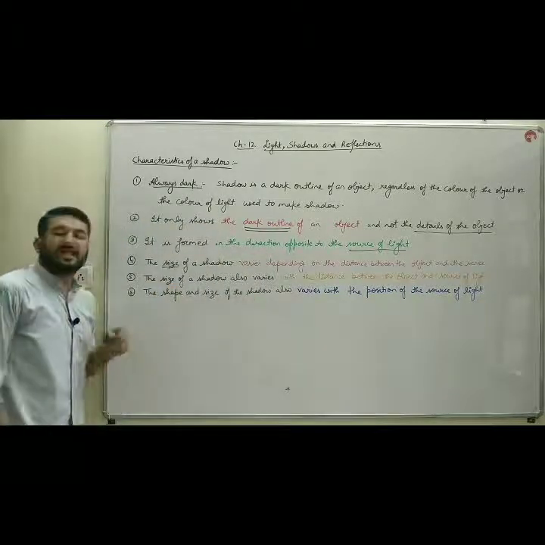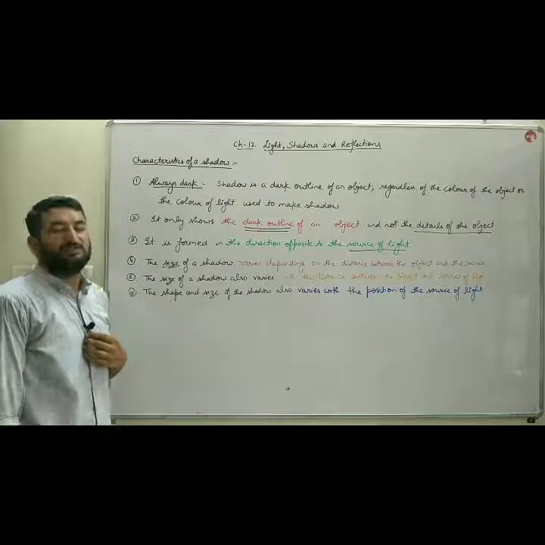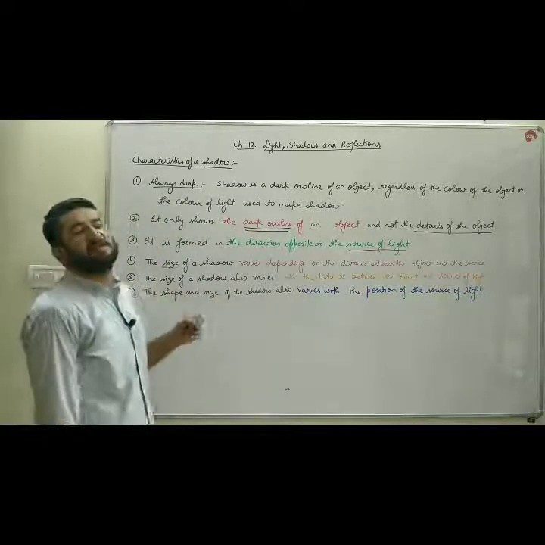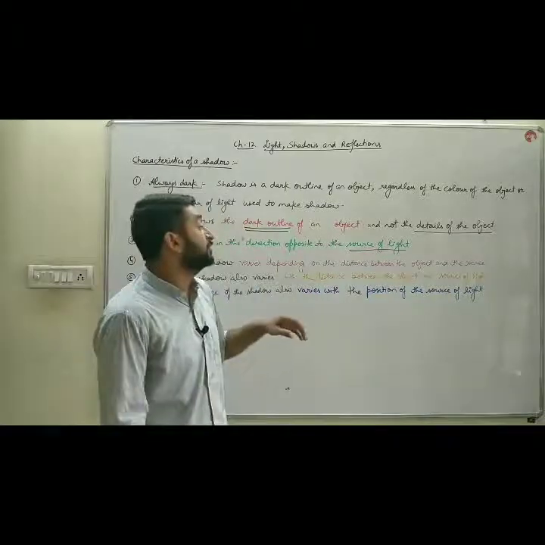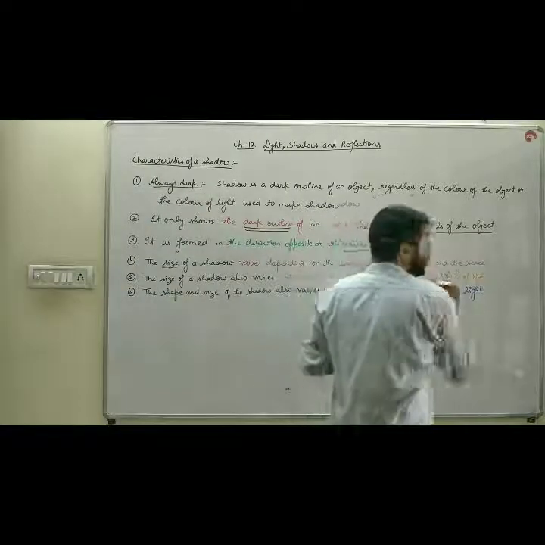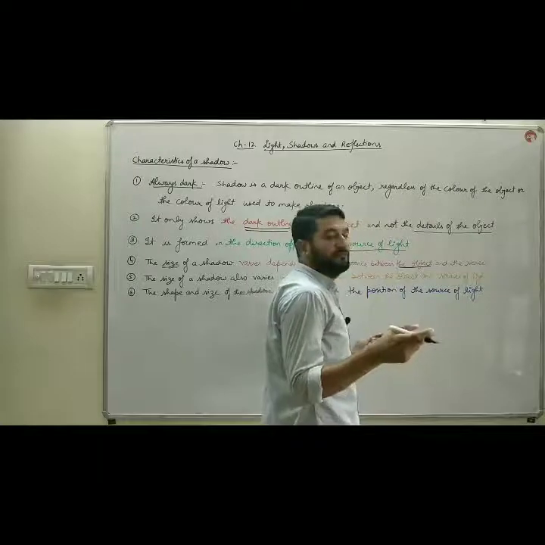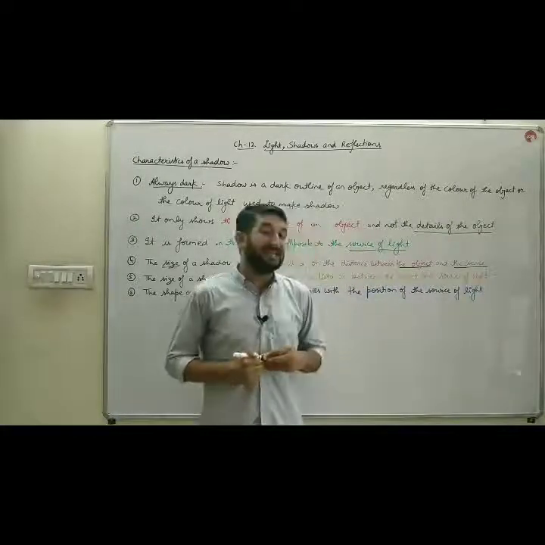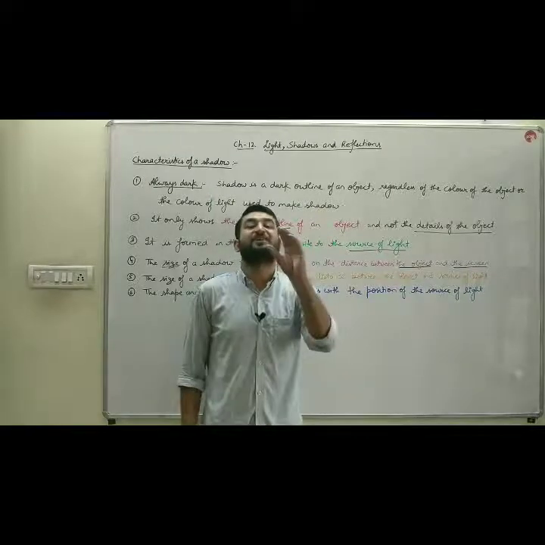Next, the size of shadow depends on two things. The first one, the size of shadow varies depending upon the distance between the object of which we are getting the shadow and the screen. If I stand closer to this board, then the shadow will be very small.